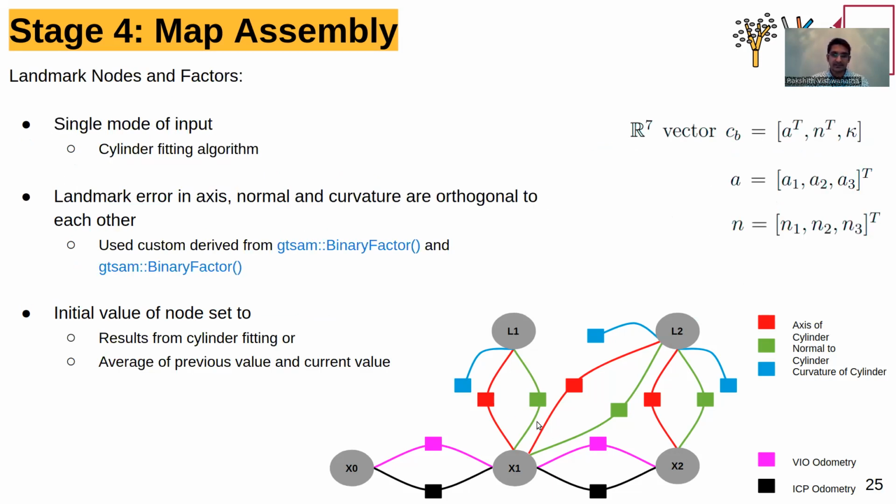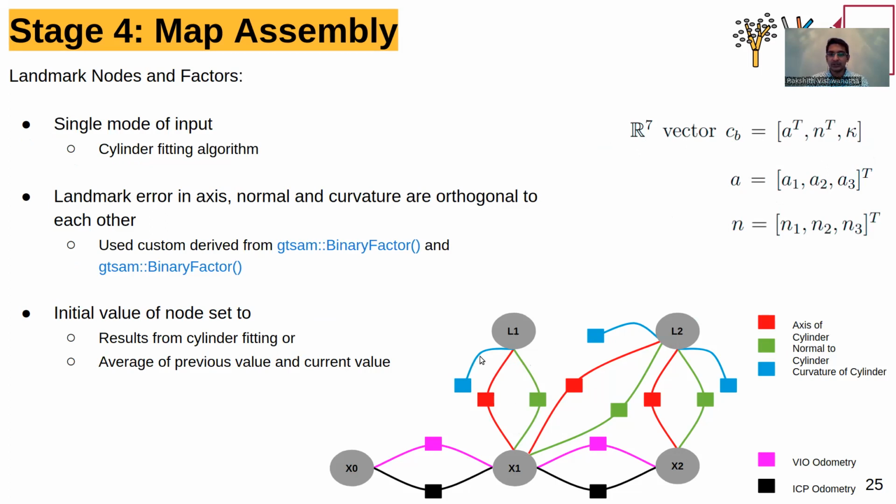So each of these connections that are made to the landmarks represent the R7 vector that was used to encode a cylinder. The red connection represents the axis of the cylinder. Green connection is used to represent the normal vector of the cylinder, and the blue is used for the curvature.